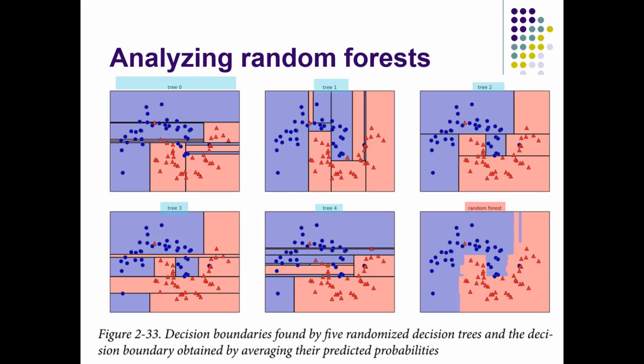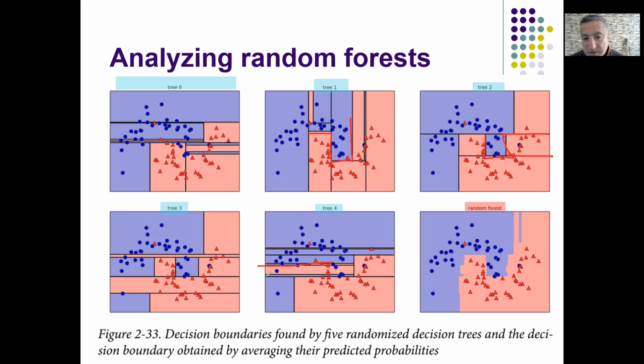Tree number 2. Smoother, not rigid. As you see, actually, all the decision trees have rigid boundaries, right? Look at all of them, it is lines. You see that? All of the decision boundaries are lines.